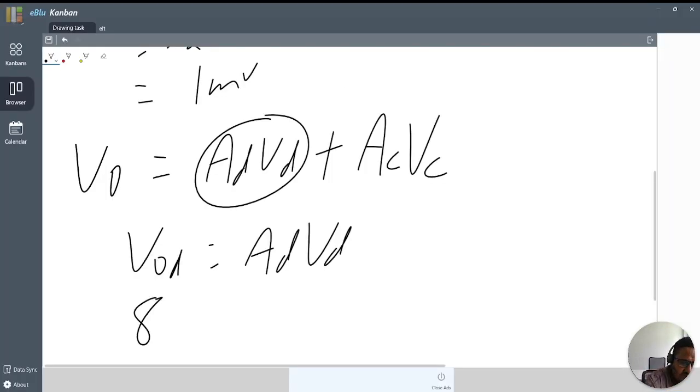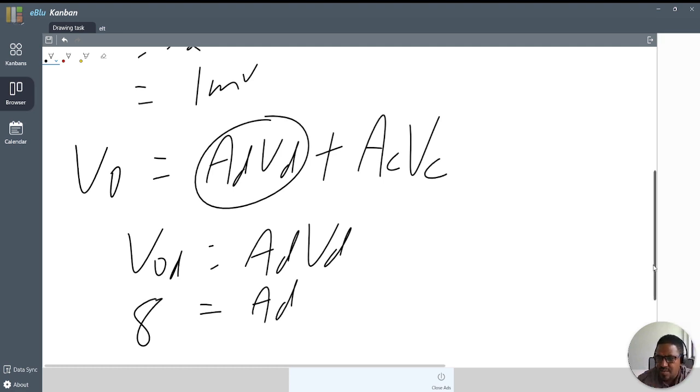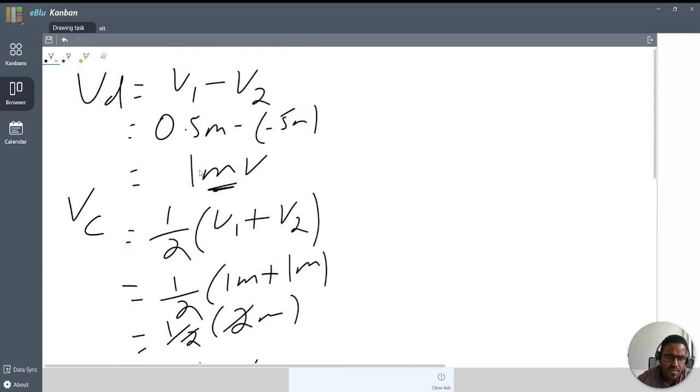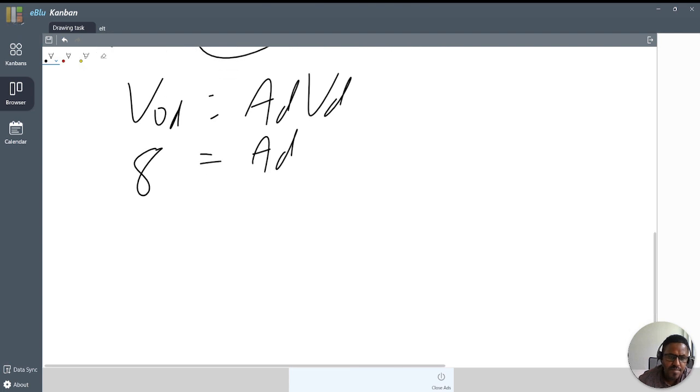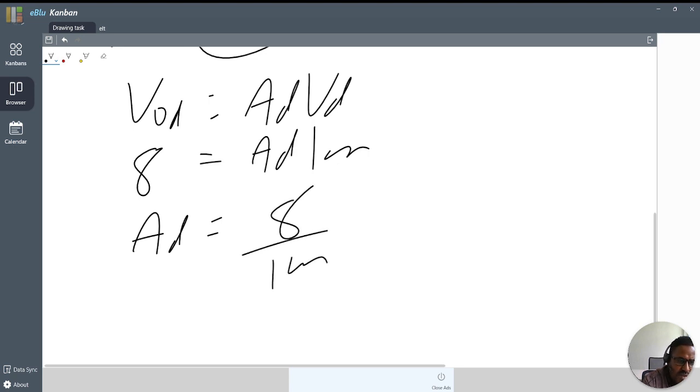So 8 becomes gain of differential times Vd, where Vd is 1 millivolt. So gain of differential becomes 8 over 1 milli. So this becomes 8,000.